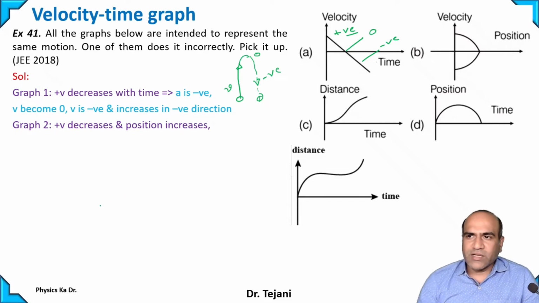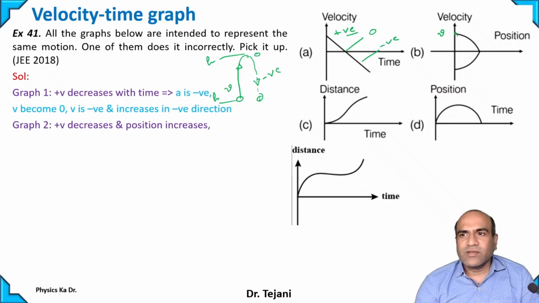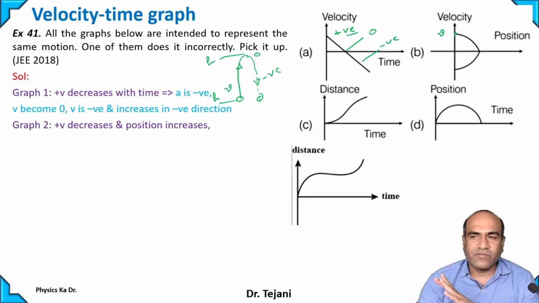For the second, it is the graph of velocity versus position. So we know that velocity is starting positive and it is starting at 0 position. If you take h equal to 0 here and h maximum here, then velocity decreases while position increases.